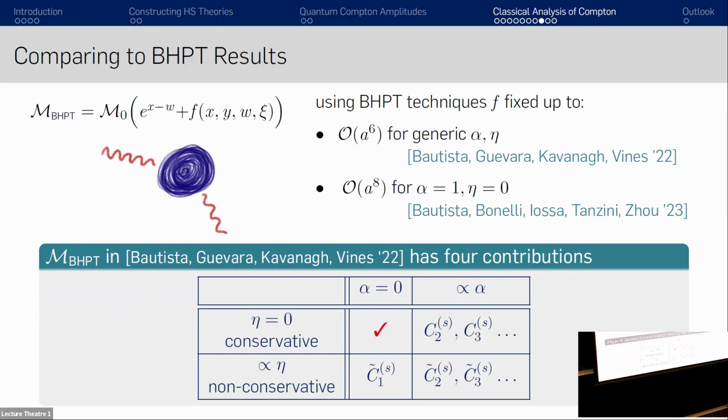So that's S to the 6 explicitly in the literature. It computes them perfectly. And all we need to do to get some non-conservative terms is add one contact term. And then the parts that we're less certain about are these terms proportional to alpha.